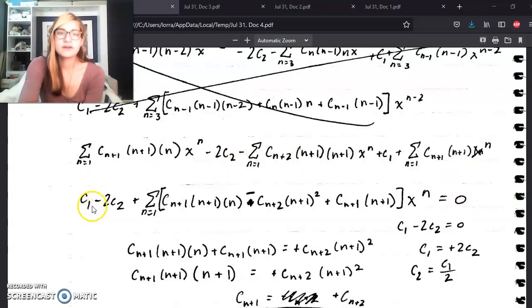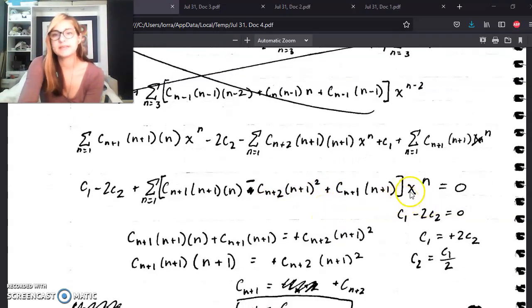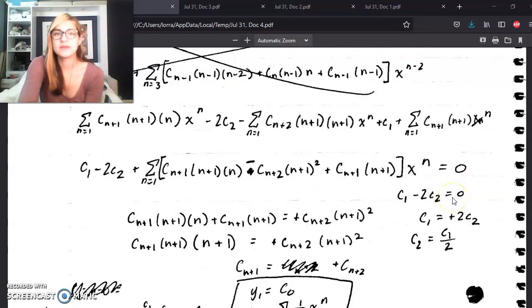And so I got c_1 minus 2c_2 plus the summation from n equals 1 of c_(n+1) times (n+1) times n minus c_(n+2) times (n+1) squared plus c_(n+1) times (n+1), all times x to the n, is equal to 0. So in order for this to be true, c_1 minus 2c_2 has to equal 0.